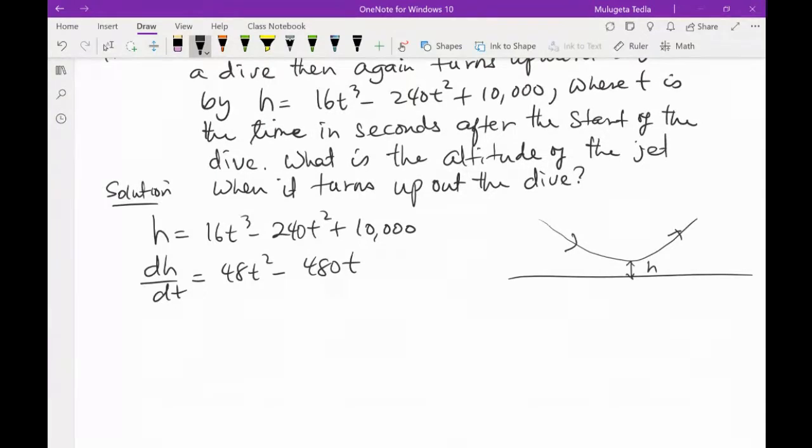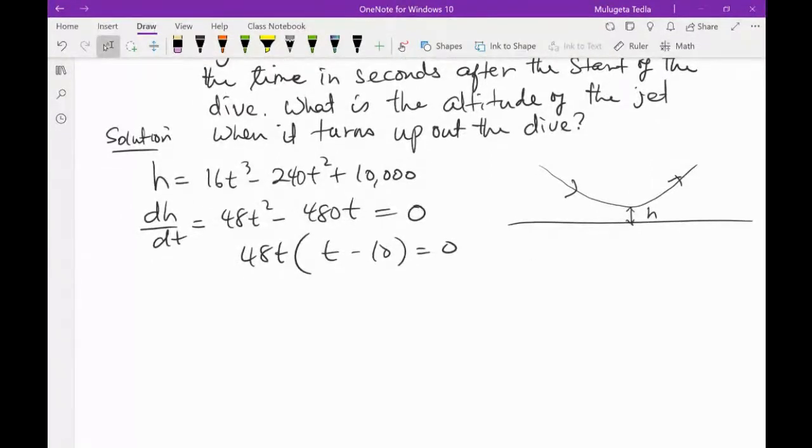So when I set this equal to 0, it will give me the critical numbers. I'm going to factor: 48t times (t minus 10) equals 0. I expect you to go directly to this when you solve the derivative equal to 0. This is based on last semester's class, MTH 128.